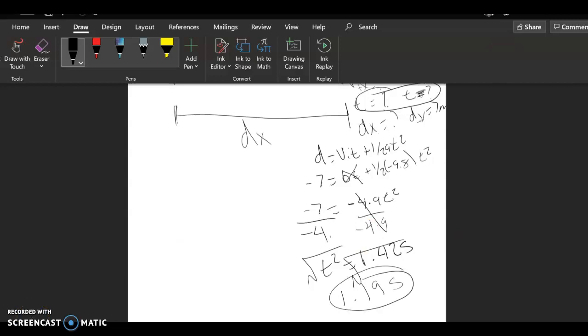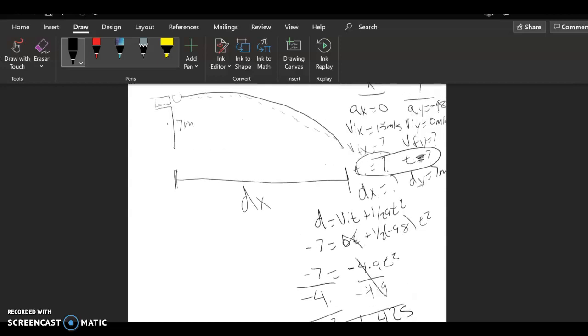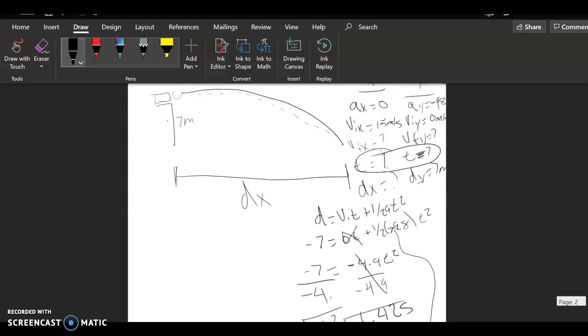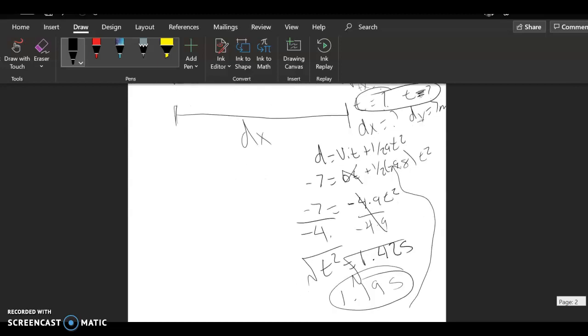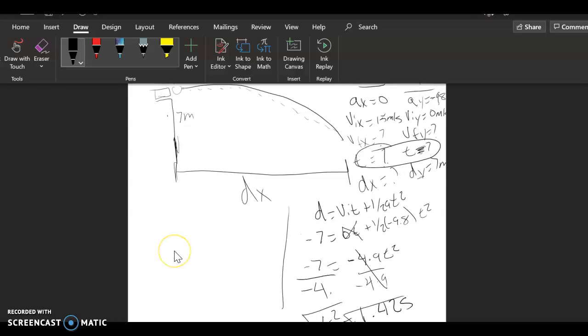Okay. So now that we've found the overall time, we can plug that time into the x. We now can take this time and plug it into the x side. You notice if you use the same equation, distance is equal to VI t plus 1/2 AT squared, you can solve for this as well.